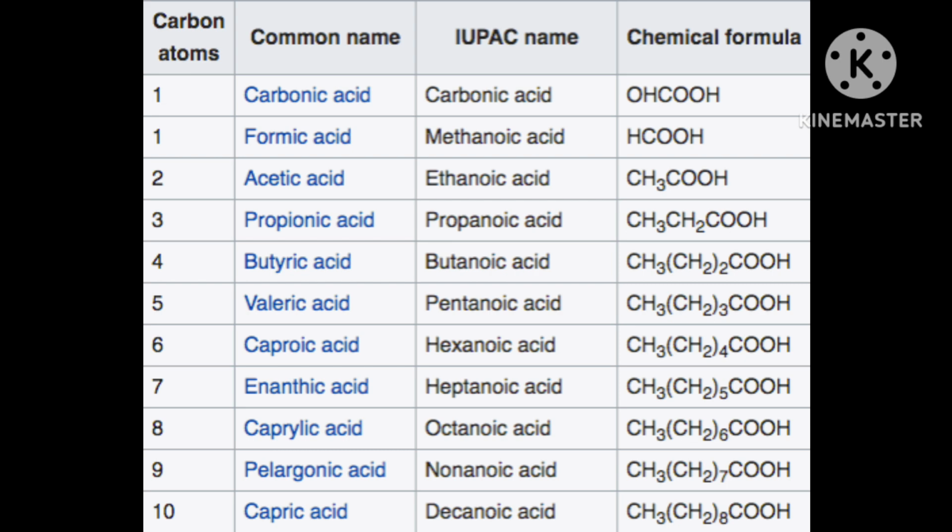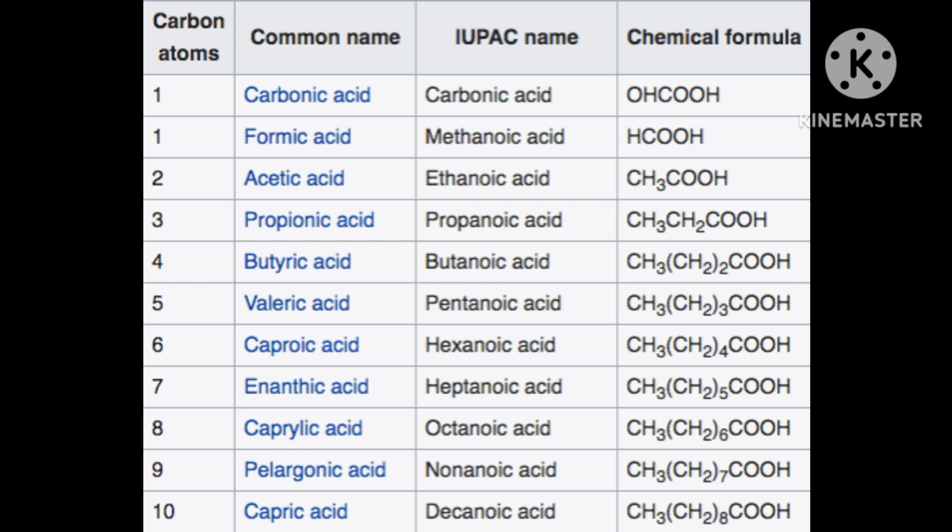The third carbon is CH2, and the last carbon would normally be CH3. If it is an alkane then it would be CH3, but here the last carbon has 2 hydrogens, and the third one is COOH. So 3 COOH are attached at 3 different carbon atoms.